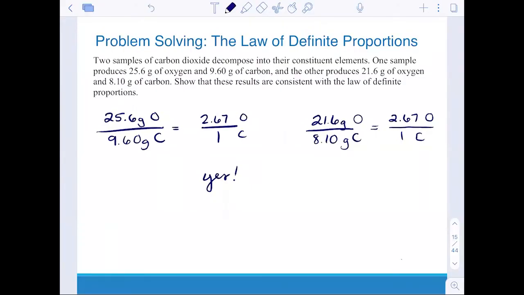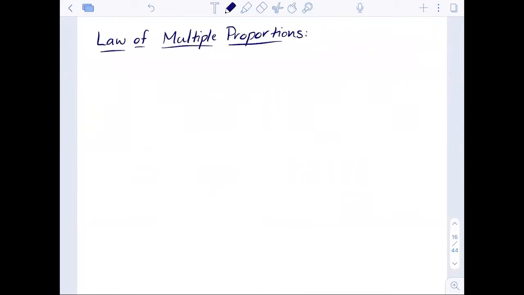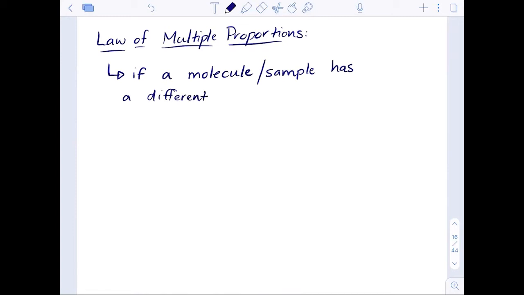We won't spend too much time on the law of multiple proportions, but what it clearly just states is that if a molecule or sample has a different mass ratio of constituent elements, it's a different compound.